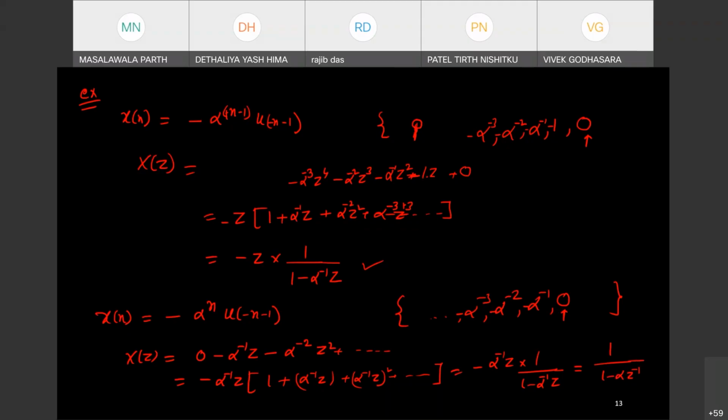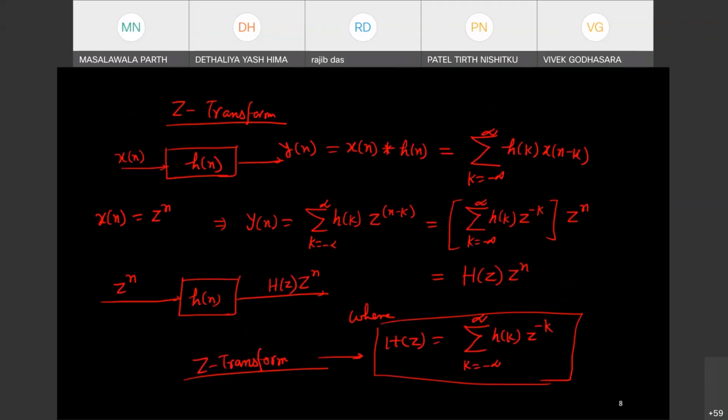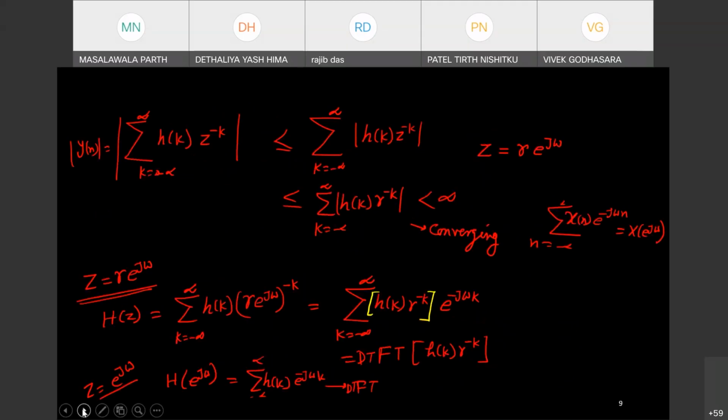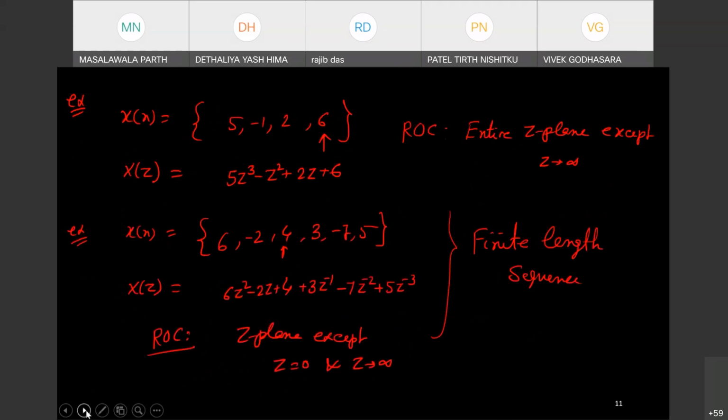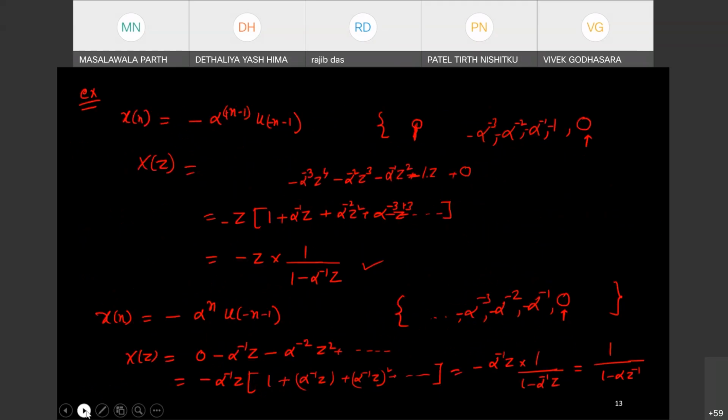Okay, so we should conclude this one. So what we have got for xn equals to alpha to the power n un, its x of z is 1 upon 1 minus alpha to the power minus 1.